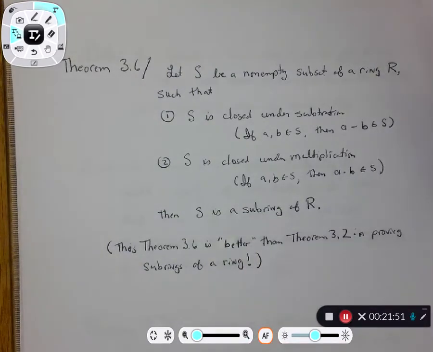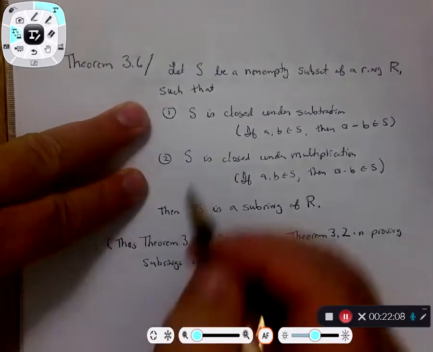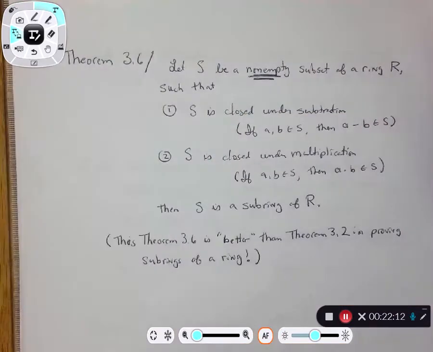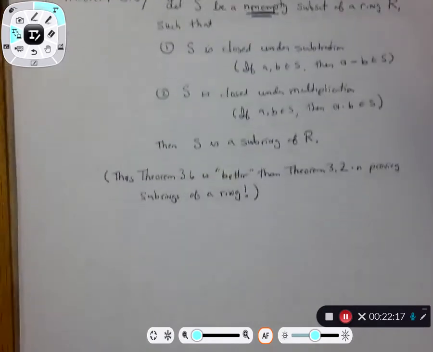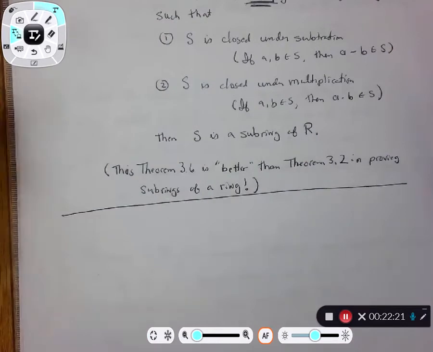When I had theorem 3.2, you had to prove 4 things to be able to prove a subring. How many do I have to prove with theorem 3.6? 3 things. Yeah, I know, you're thinking 2, but no, there's 3 things. They threw an extra word at you, and that word is right up here. S has got to be a non-empty subset of a ring R. So, let me put it down here, and this is for our notes here, in terms of quoting theorem 3.6.